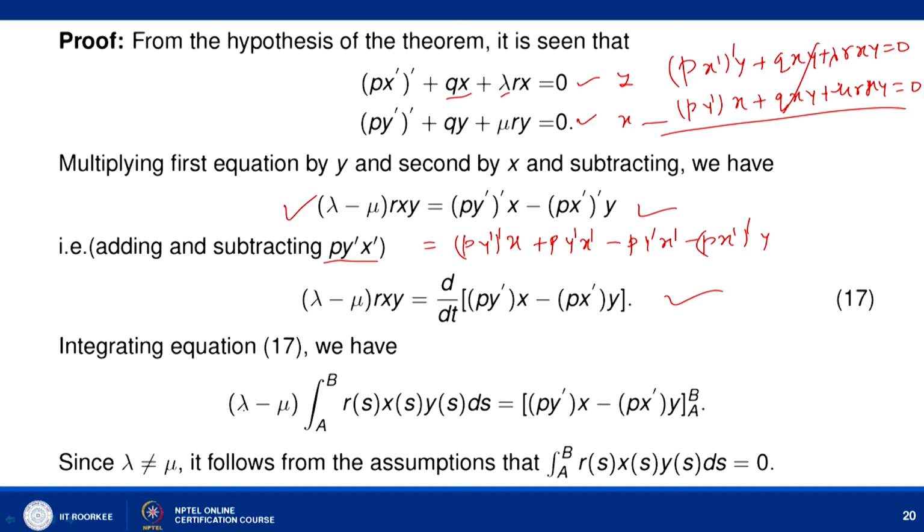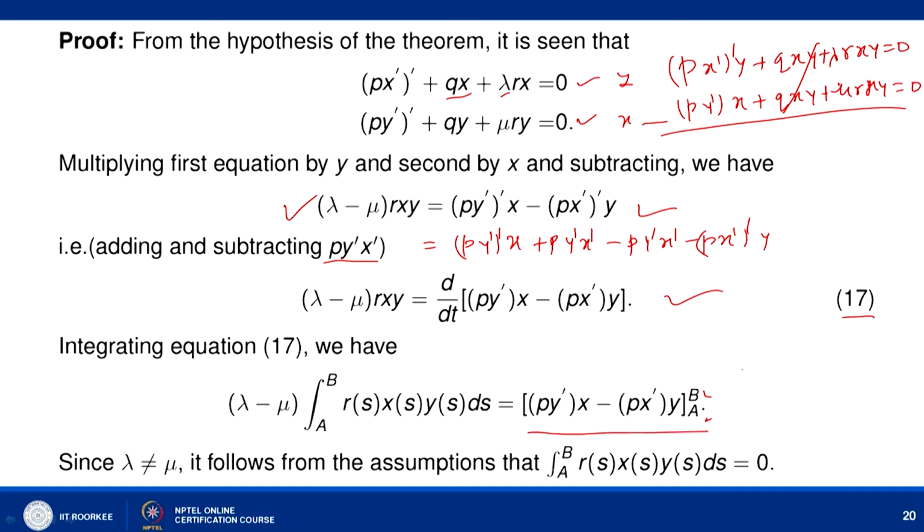When you integrate this last equation 17, we have lambda minus mu times the integral from a to b of r(s) x(s) y(s) ds equal to, now here the derivative will go out, and we have p y dash x minus p x dash y evaluated at b minus a. Now look, this is already given.